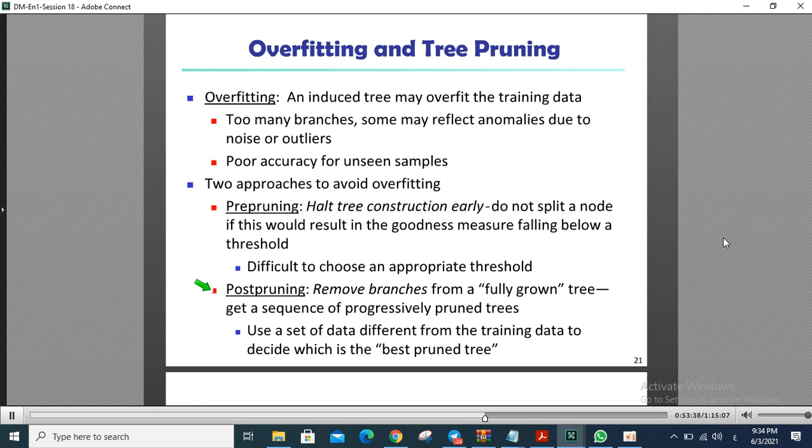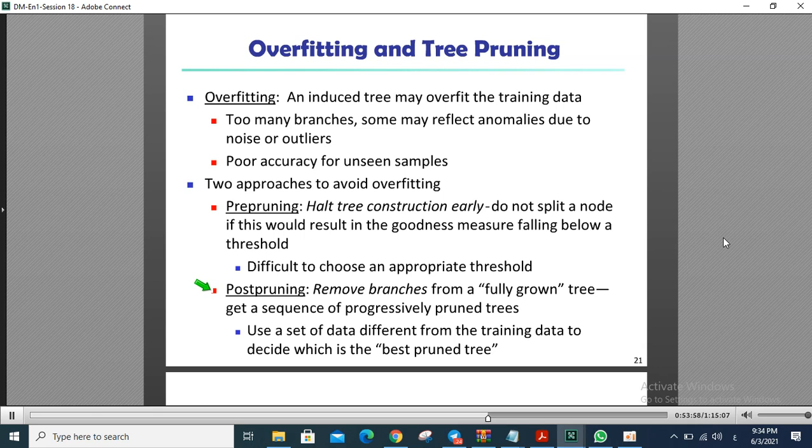In this case, again, I should use some measures to find the best points for pruning, because I'm looking for the best pruned tree.